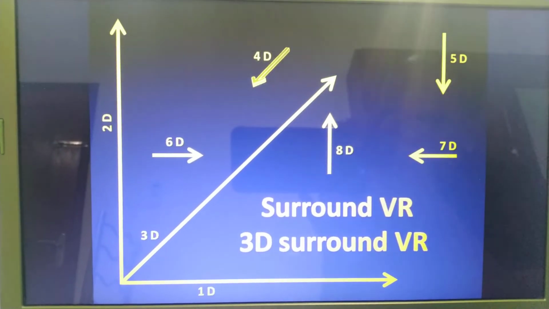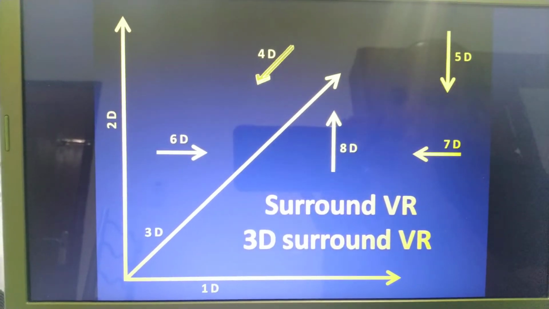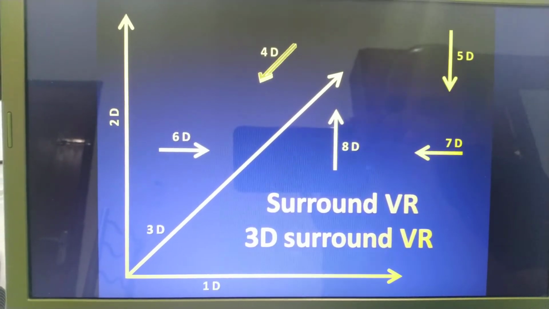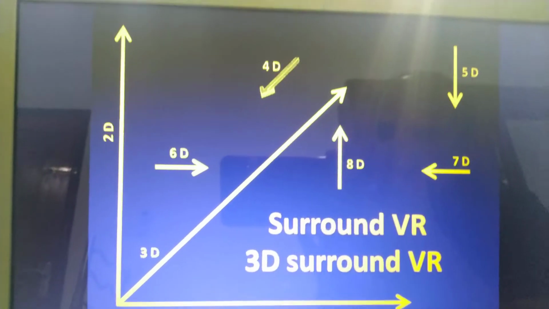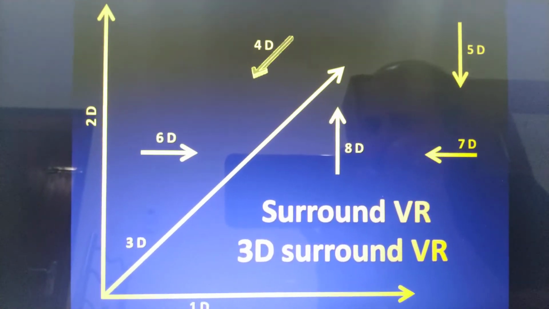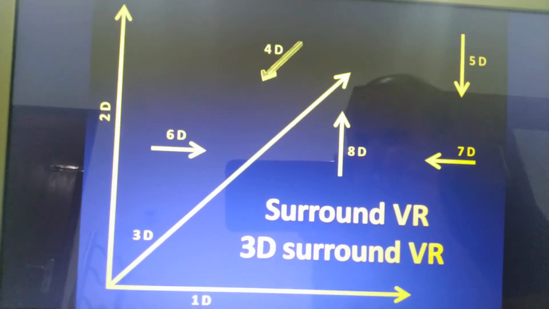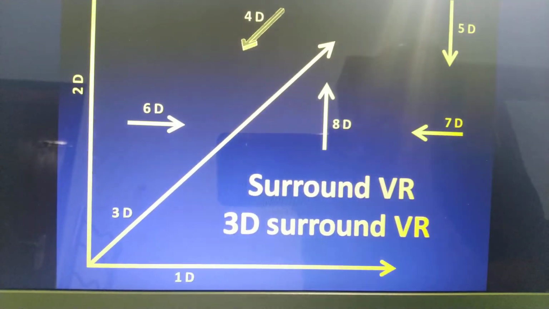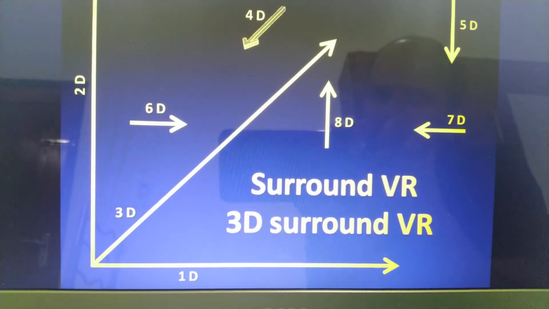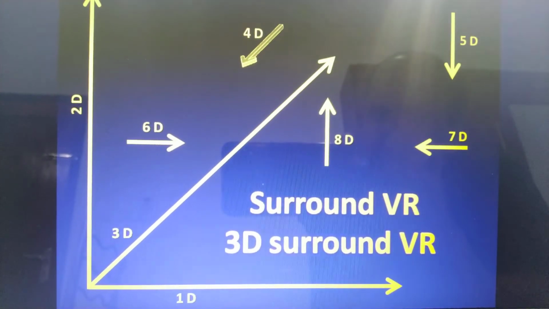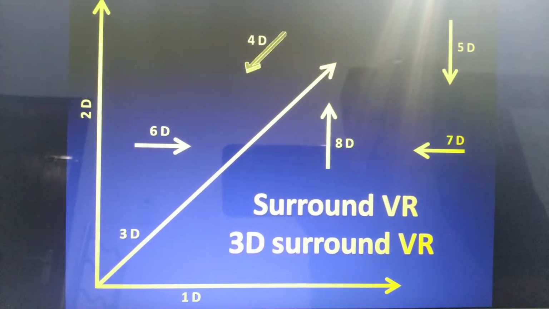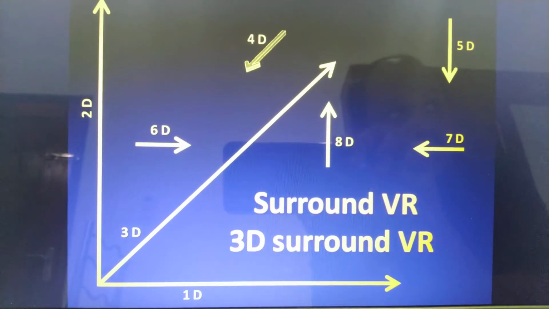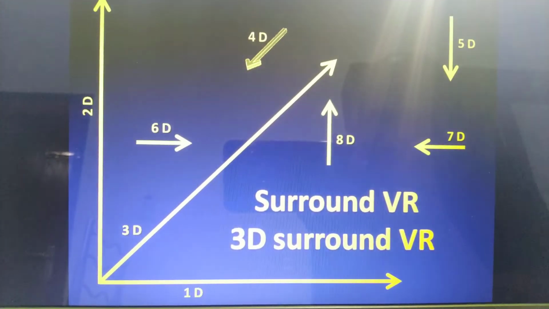Objects could come at you from the back, fourth dimension. Objects could drop on you from the top, another dimension. Objects could come from both sides, another two dimensions. And objects could even crop up from the floor, yet another dimension. So there are so many dimensions. In this we have counted 8 dimensions.